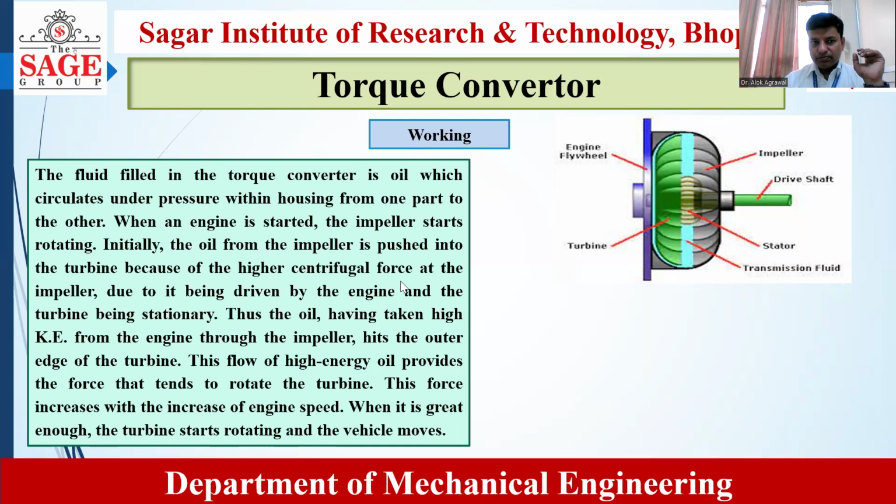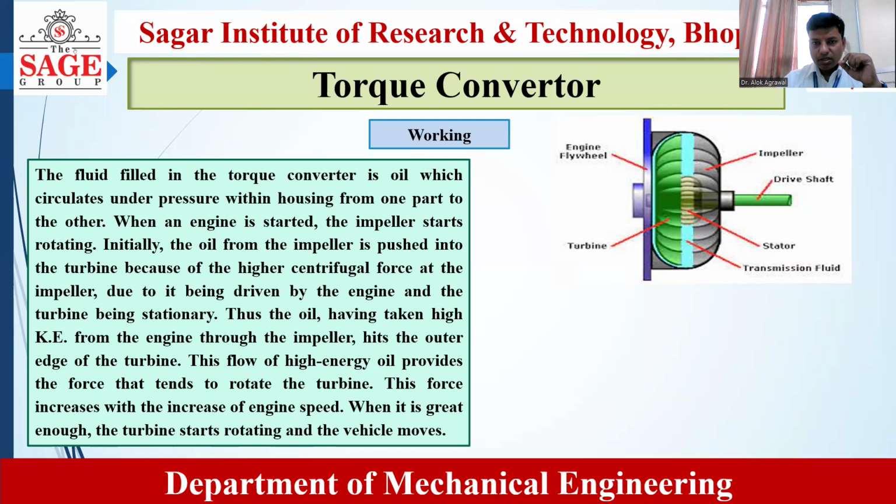Now what is happening here: when the engine starts, the impeller starts rotating. As the speed of the engine increases, the RPM of the impeller also increases. Once it rotates, it tries to force out the oil because of the high centrifugal force. So the oil comes out from the impeller circumferentially with a high centrifugal force.